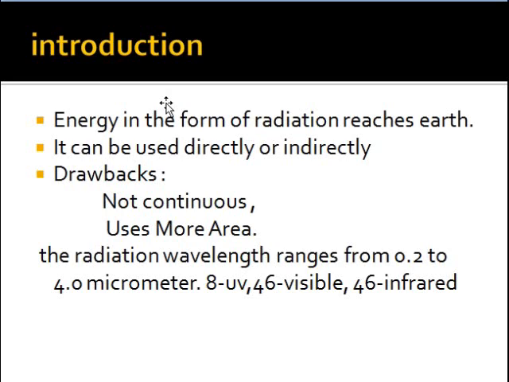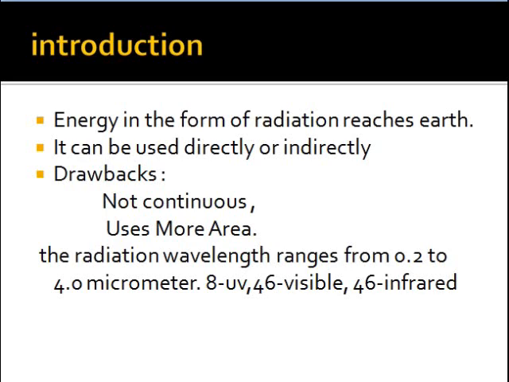Indirect forms, you can generate electricity indirectly, like if you use agricultural products, say some algae cultivation, which I have discussed in the last class, or if you take some biomass, or if you take rainwater in the dams which is collected and used to generate electricity. These are indirect forms of solar energy. Like that, we have so many direct and indirect forms of solar energy that are used.